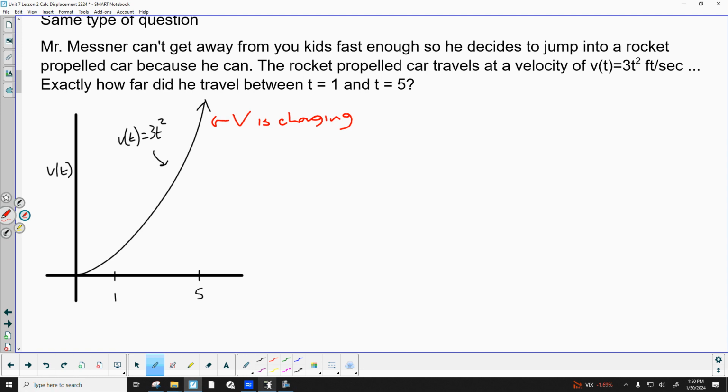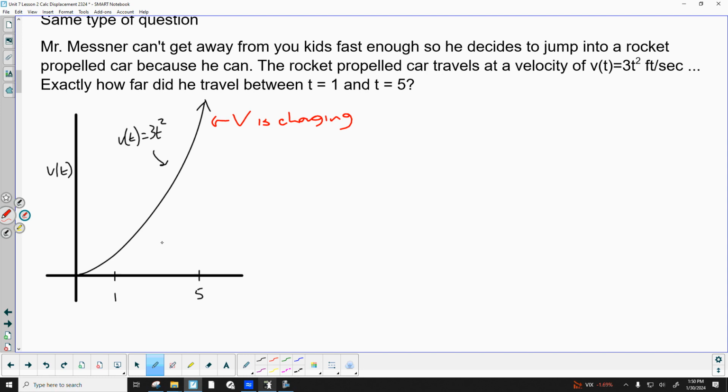But we kind of know from the previous one that the area underneath this velocity curve from 1 to 5 would be a visualization of the amount traveled.